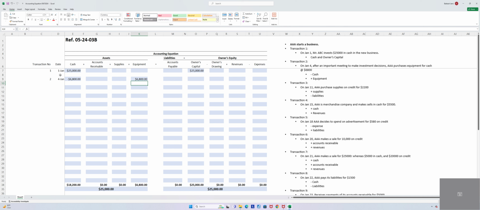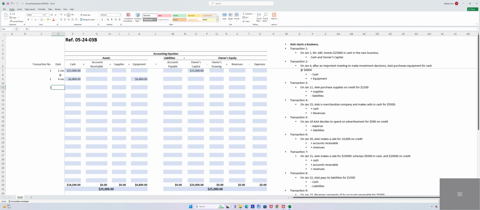Remember, sometimes a change in one side of the equation will be a change on the other side, but it's not always true. If both are asset classifications, the other side doesn't have to change, like in this example. We spent cash and purchased equipment; they are both under the assets classification. I just wanted to point that out.